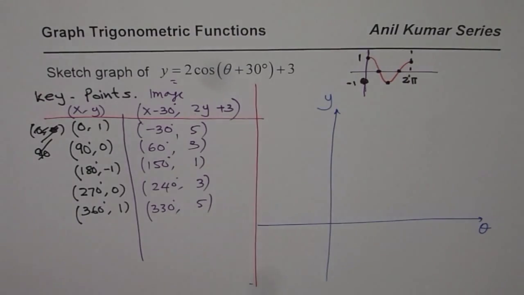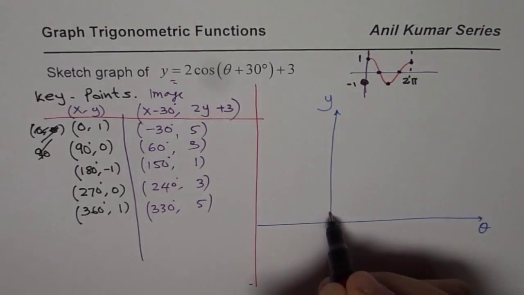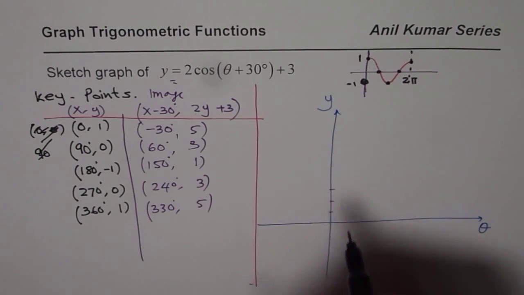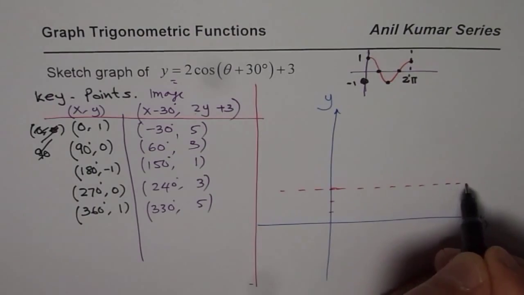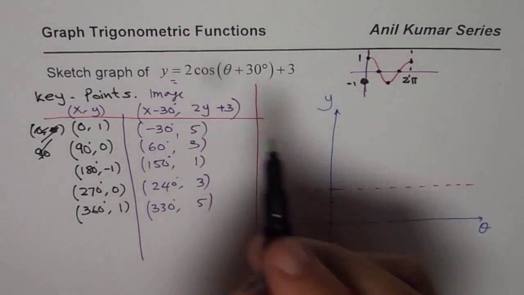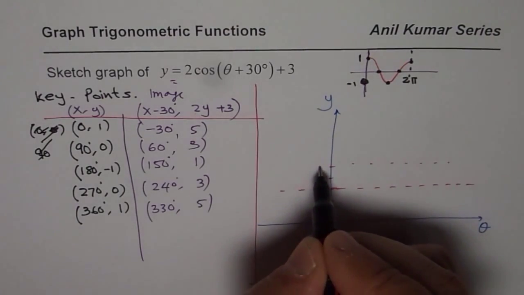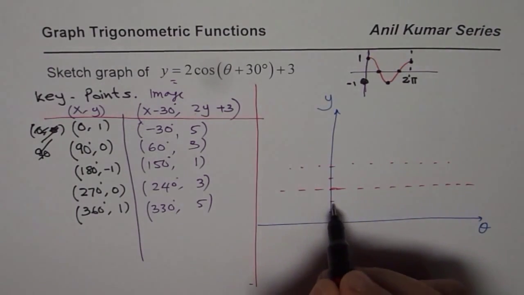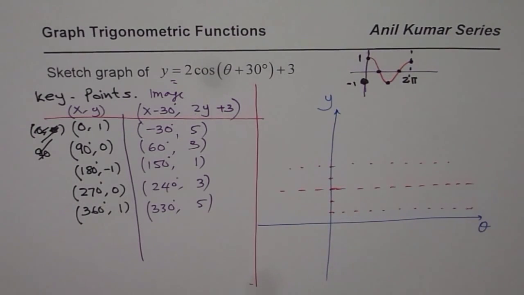Now here what we are given is that we have x is at 3. So let's take these units 1, 2, 3. So at 3 we have the axis, so we'll draw a dotted line. Perfect. Amplitude 2, so we get 1, 2. I'm just drawing some dotted lines saying my maximum should be on this and minimum will be 2 units below. That is the minimum for us, right?